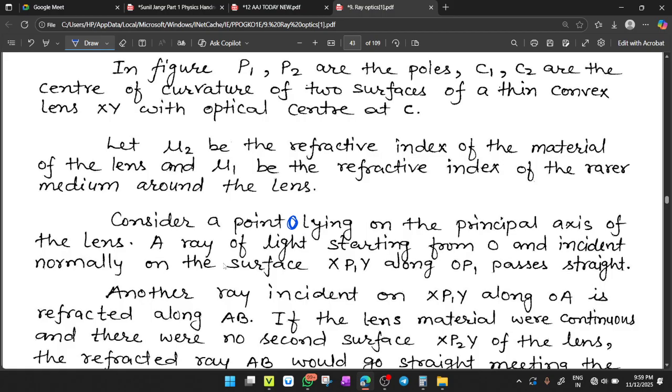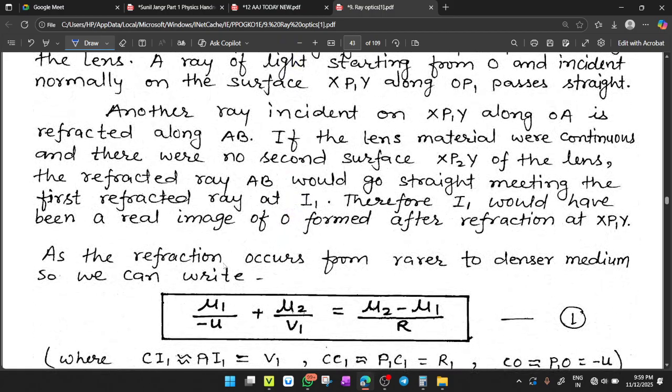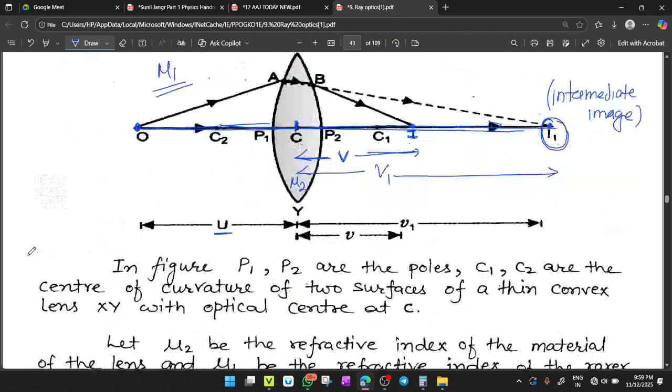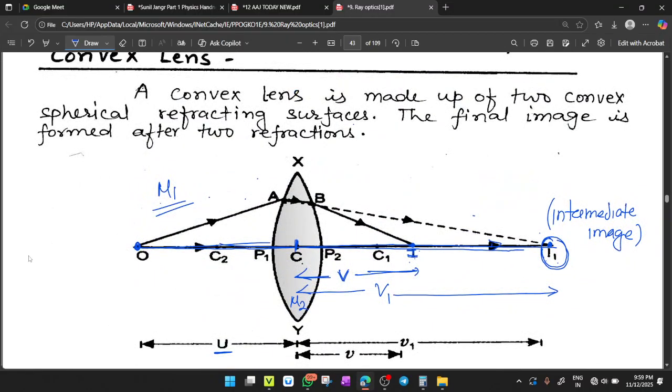Another ray is incident on XP1Y, the left surface, along OA and refracted along AB. This is the first ray, and this is the second ray, incident along OA. When a ray comes from a rarer to a denser medium, it is bent towards the normal.